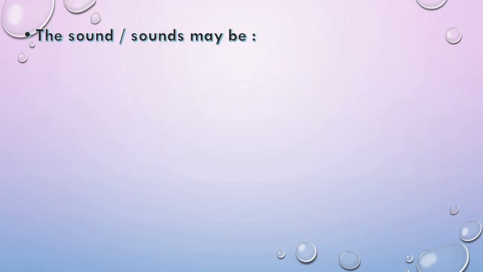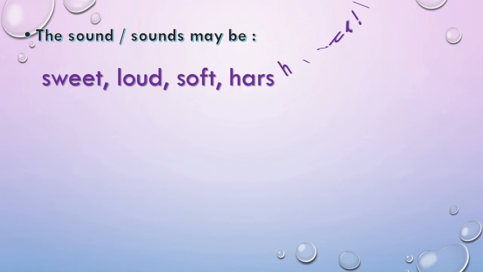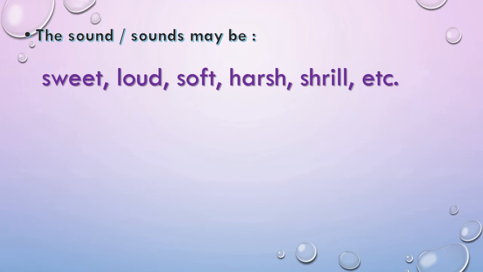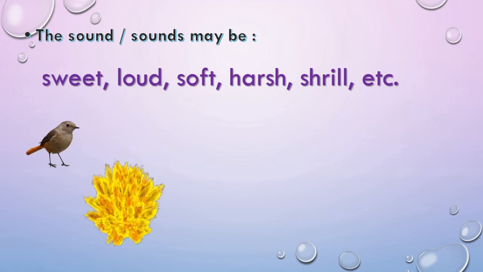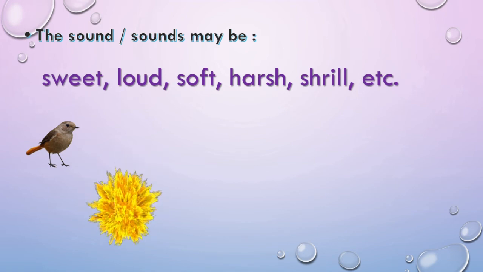Now the sounds may be the function of the ears. The sound may be sweet, loud, soft, harsh, shrill, etc. Here shrill means high pitch or piercing. We see the sweet voice of a bird. Loud noise, see, loud blasting noise.